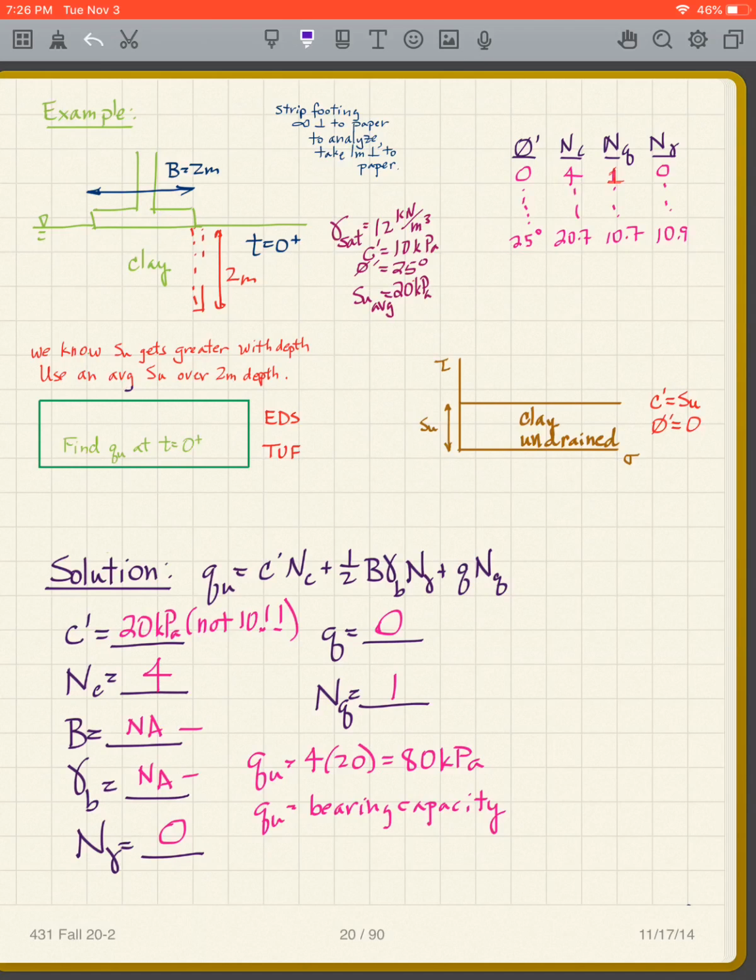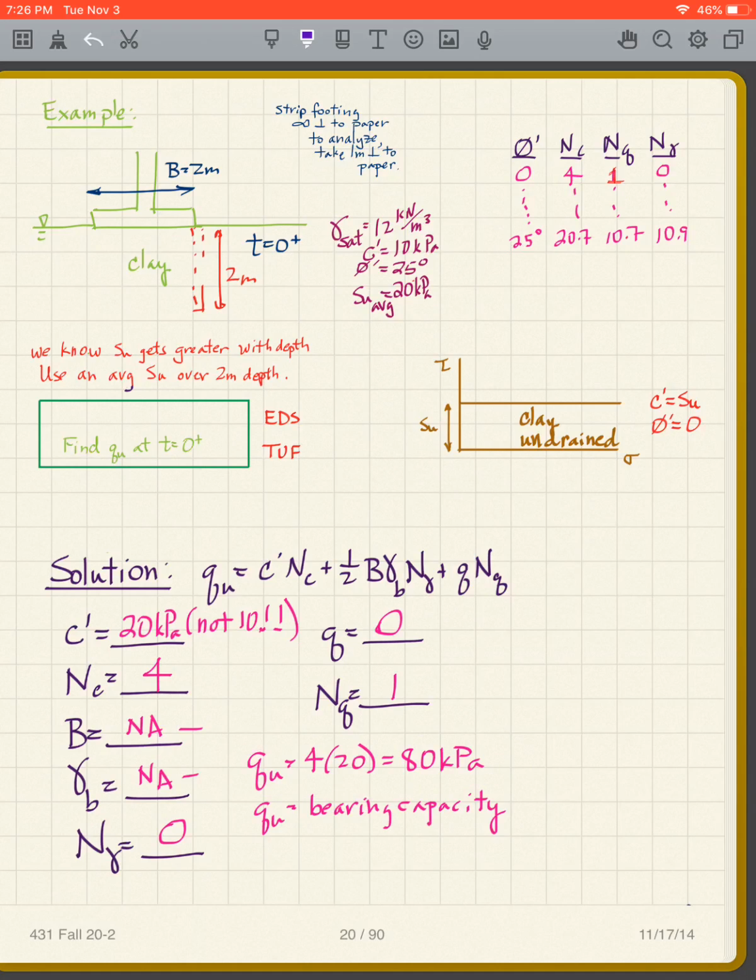So we like to have a big value here, okay? Because remember, it's bearing capacity. We like to have a large capacity, a large ability to resist our loads. So we like to have a big bearing capacity. We want that number to be big. That means that we have a strong soil, we can take big loads.